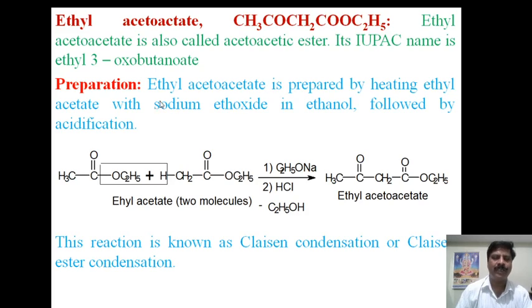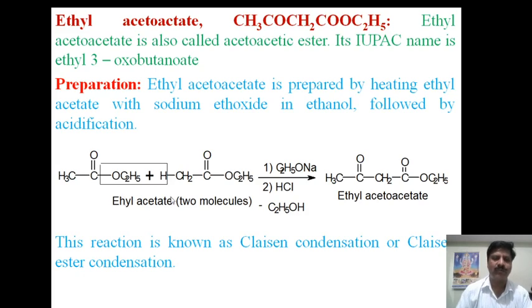Now coming to the preparation of ethyl acetoacetate. Ethyl acetoacetate is prepared by heating ethyl acetate with sodium ethoxide in ethanol, followed by acidification using hydrochloric acid.